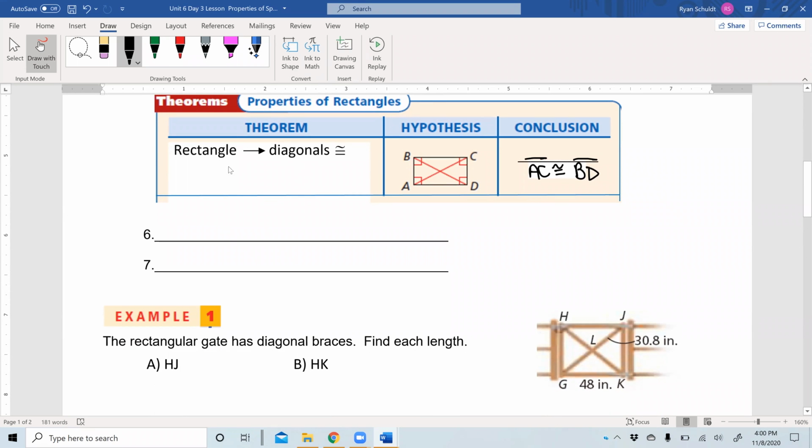So let's actually, yes, it's a theorem. If you have a rectangle, then the diagonals are congruent. But let's list it down here as one of our properties. So diagonals are congruent. That's one of our properties of a rectangle. Now, what else is special about a rectangle?